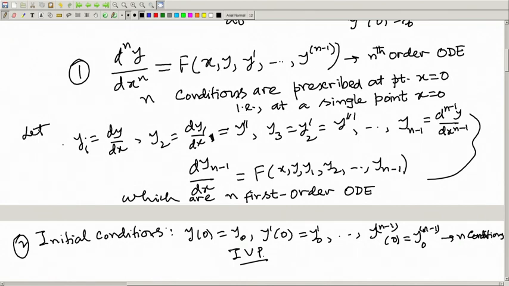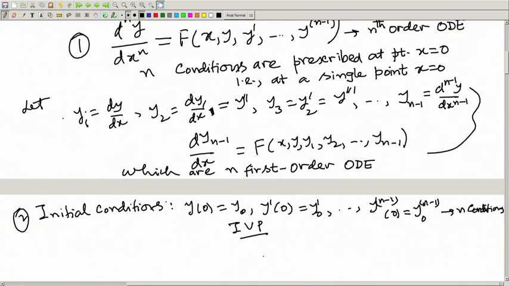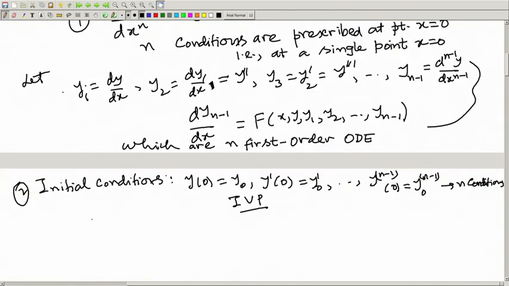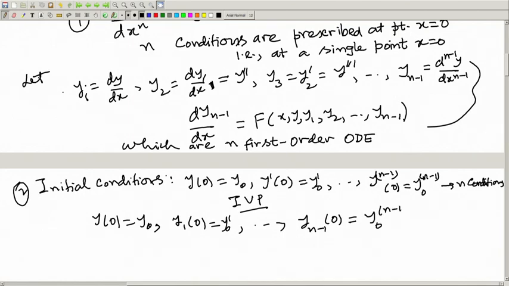What we have done is introduce n minus 1 variables, y1, y2, up to y(n minus 1), and with that we have constructed n first order ordinary differential equations with conditions given by y(0) is y0, y1(0) is y0 dash, and so on, y(n minus 1)(0) is equal to y0^(n minus 1).